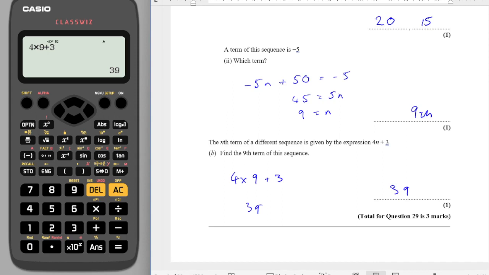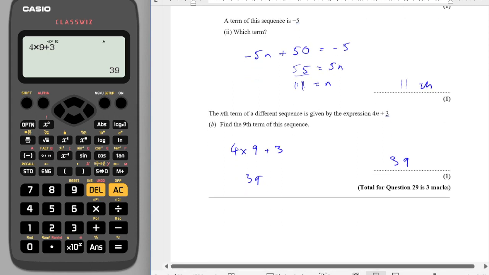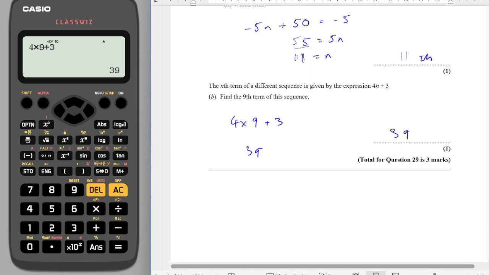And I've just spotted I've made a mistake up here. It should have been 55. So that should have been 11. So it was the 11th term. Have we got part C? Let's have a look. No, that's the end of the question.